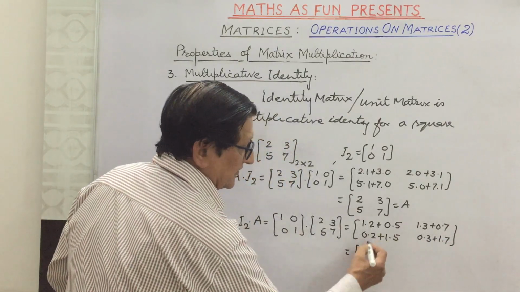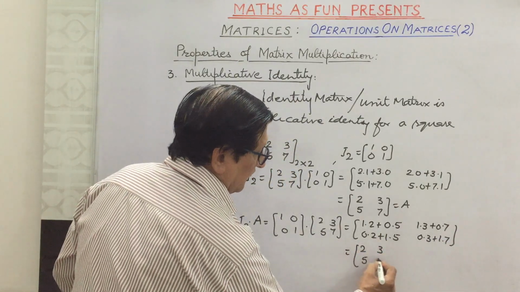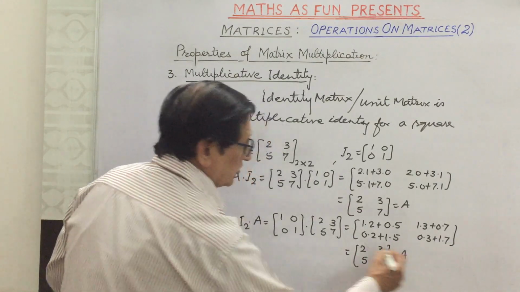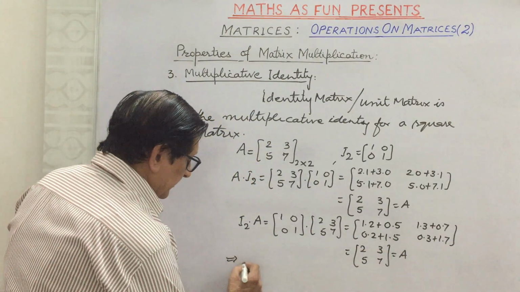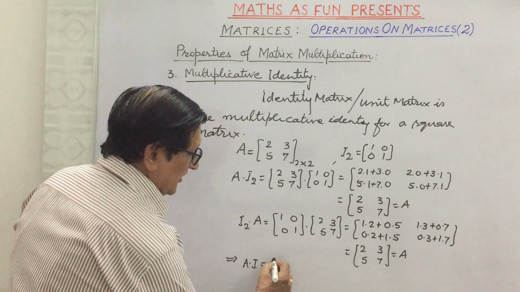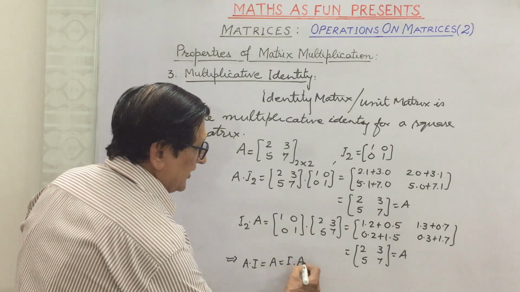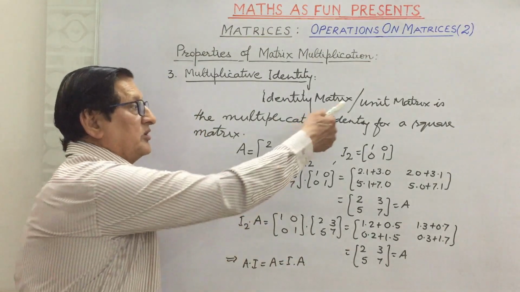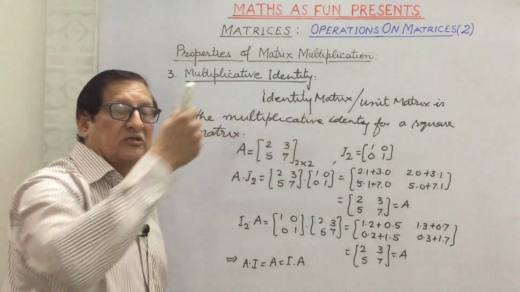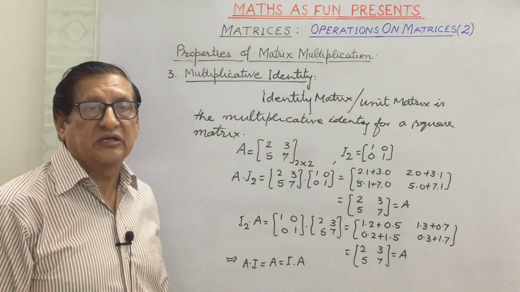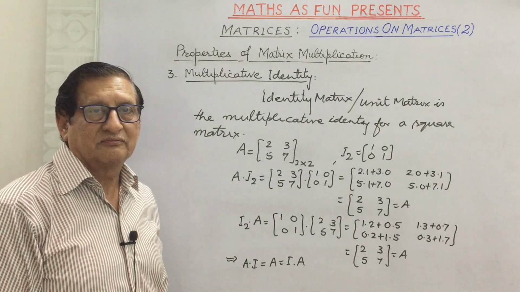And the answer here we get is 2, 3, 5, 7, which is also equal to A. So we find here that A into I is same as A is same as I into A, and hence we can say that the unit matrix or the identity matrix is the multiplicative identity for the square matrices.